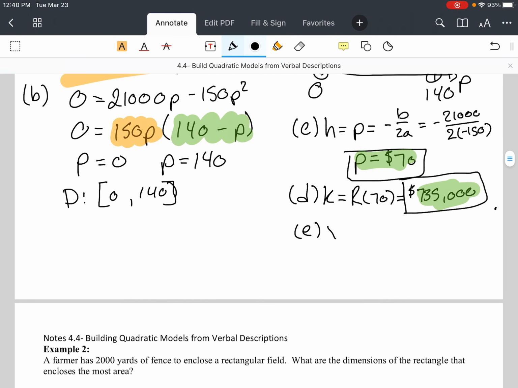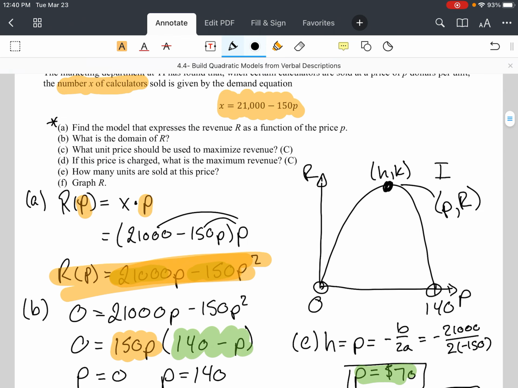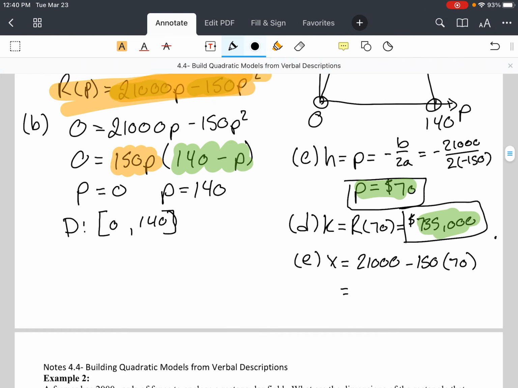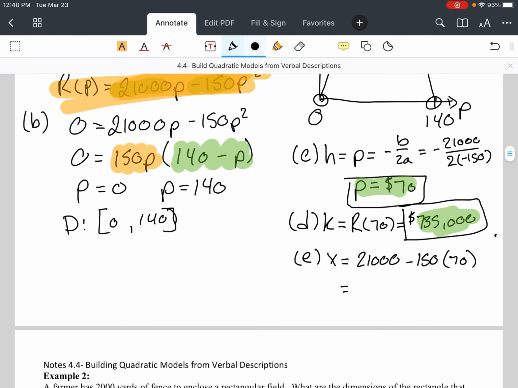The way we're going to do this is by saying x, the number of units, equals 21,000 minus 150 times the price that we set, so times 70.